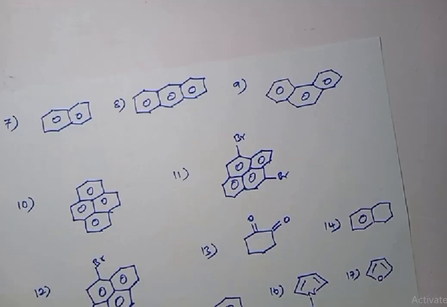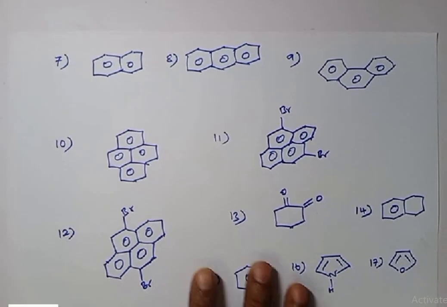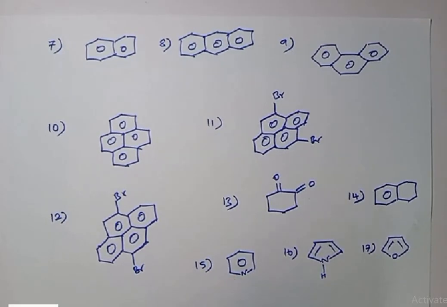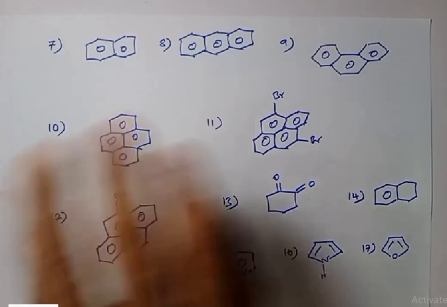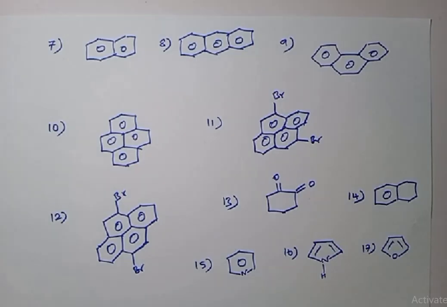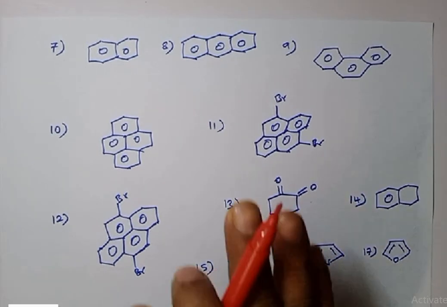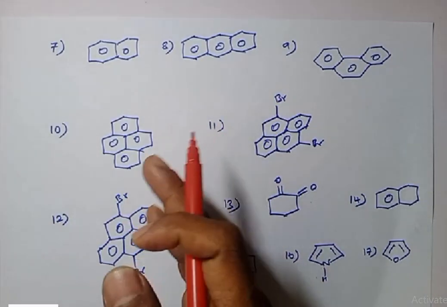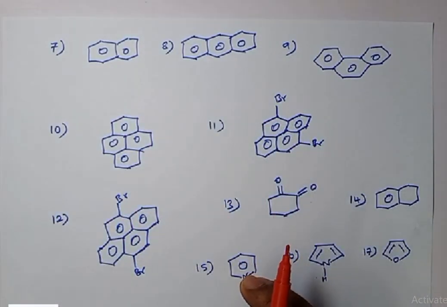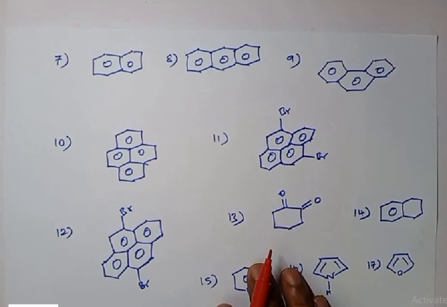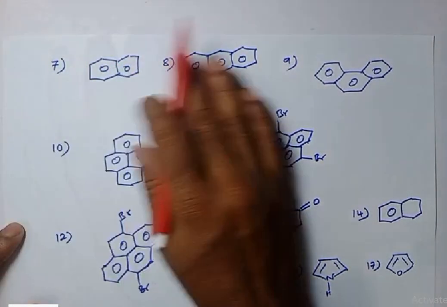Let's try to find the number of signals that we get in the C13 NMR spectrum of these compounds. Listen, how to work it out, very simple. Use symmetry ideas. Use a plane of symmetry or an axis of symmetry. You can easily identify this. So naphthalene is a planar molecule.